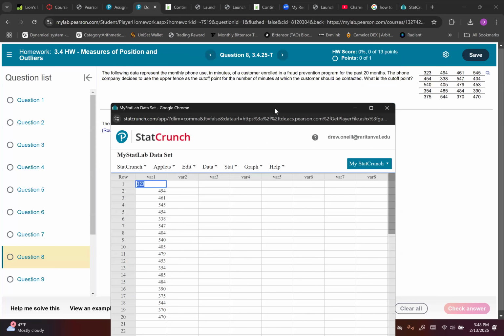And that's given by this: Q3 plus 1.5 times interquartile range. So that's the upper fence. So anything above that is an outlier.